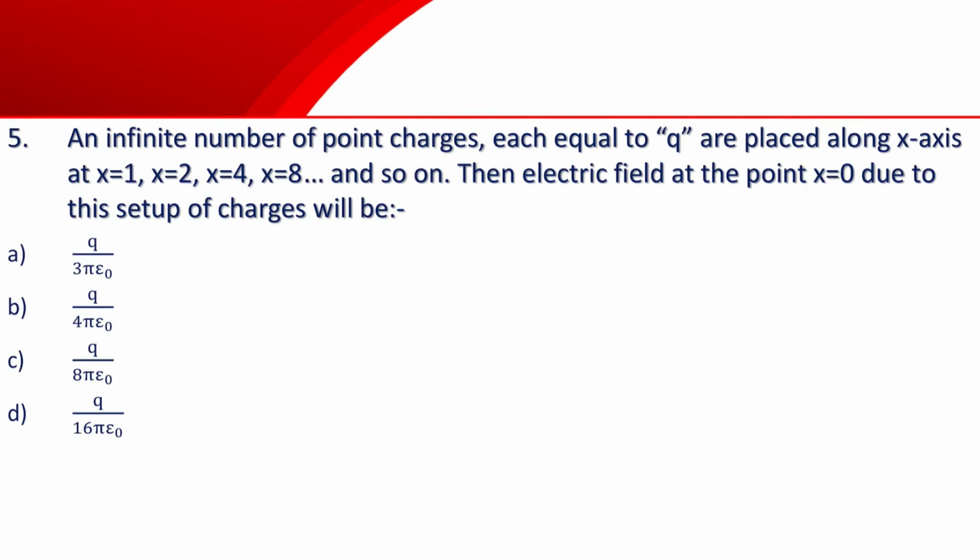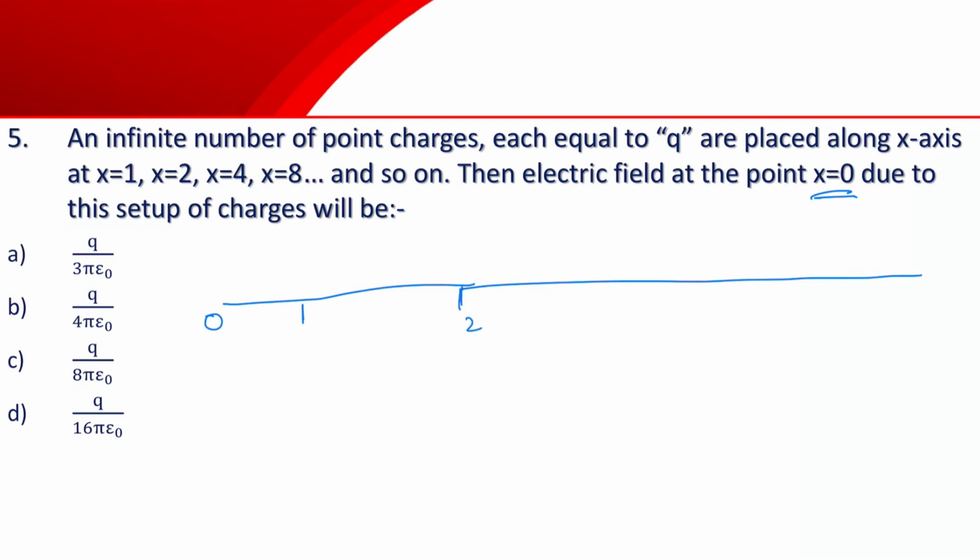Next: an infinite number of point charges, each equal to Q, are placed along the x-axis at x equals 1, x equals 2, x equals 4, x equals 8, and so on. Then find the electric field at the point x equals 0 due to this setup of charges. Let us make the setup. Here is the origin.